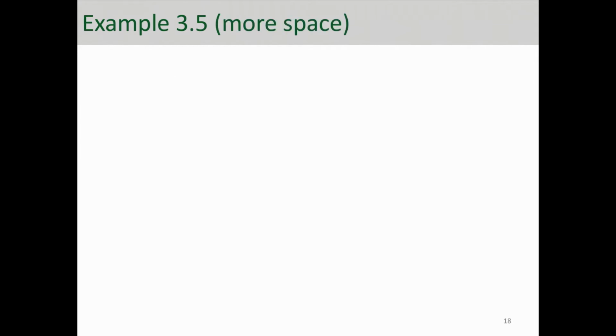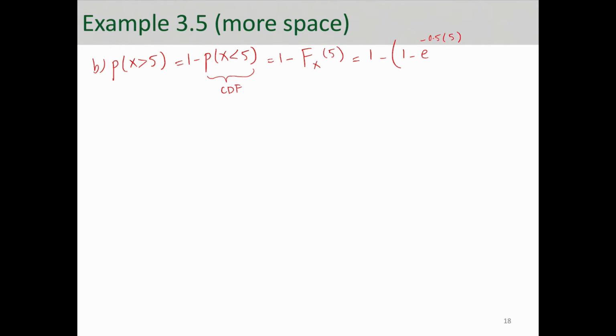Well, if you're calculating the probability of X more than 5 minutes, you know that it's equal to 1 minus the probability of X less than 5 minutes. And this is the CDF function. So what you can do is 1 minus the CDF at 5, which will be 1 minus (1 minus e to the negative 0.5 times 5).